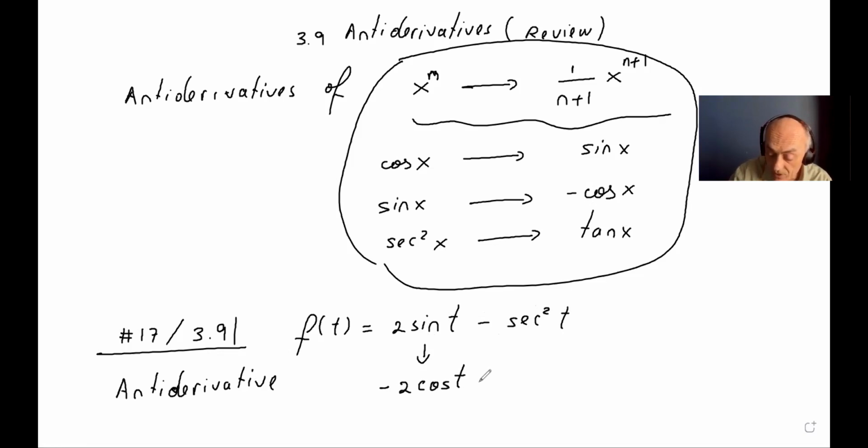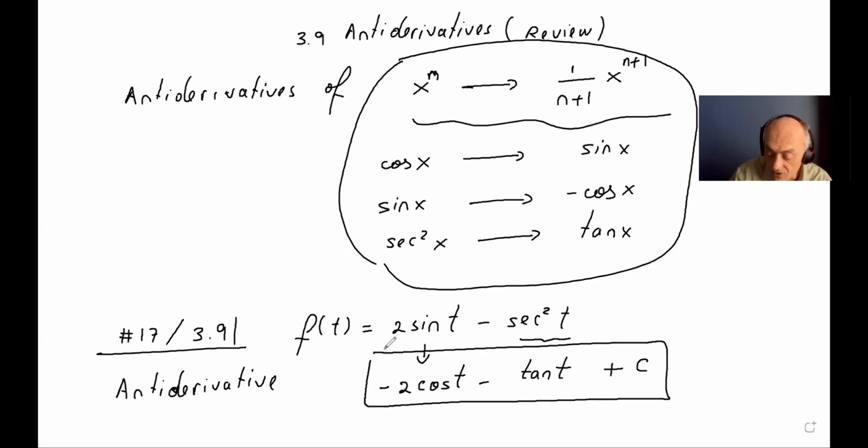And for minus secant squared, it's going to be tangent, so minus tangent of t. That's going to be the antiderivative. And remember that at the end of the day, you have to add that constant c. So this is the antiderivative of this entire thing here.